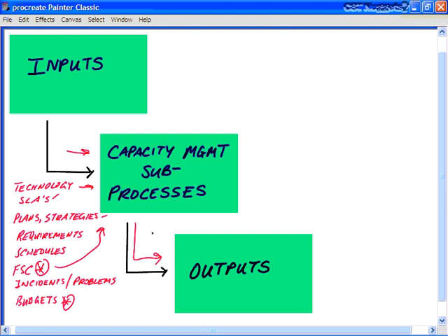And what are some of the outputs that we're talking about? Well, these are going to be the capacity plan that we talked about earlier.